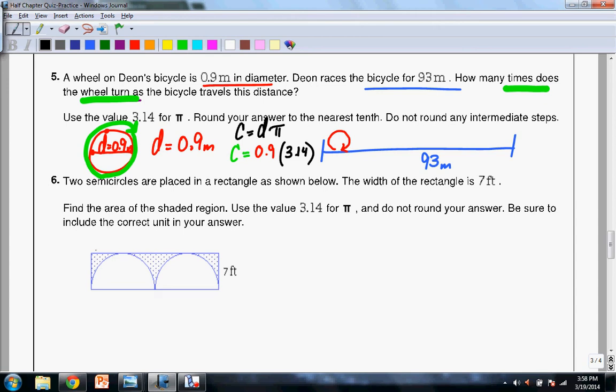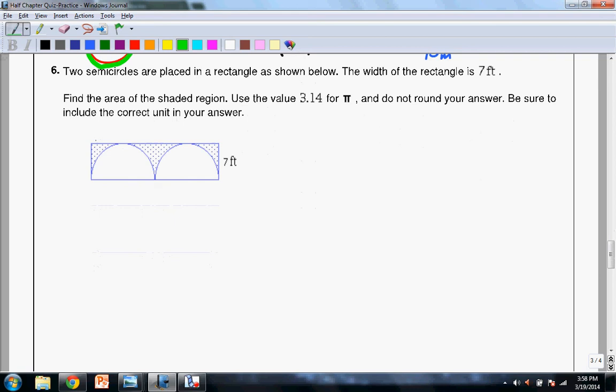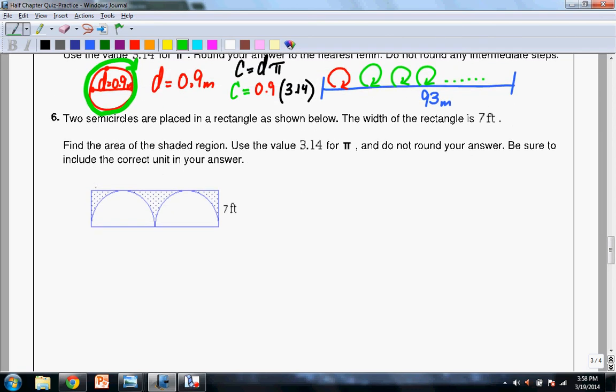That gets you your circumference. And then we want to ask ourselves, how many circumferences fit in 93? And that's a division problem. So you finish that yourself.